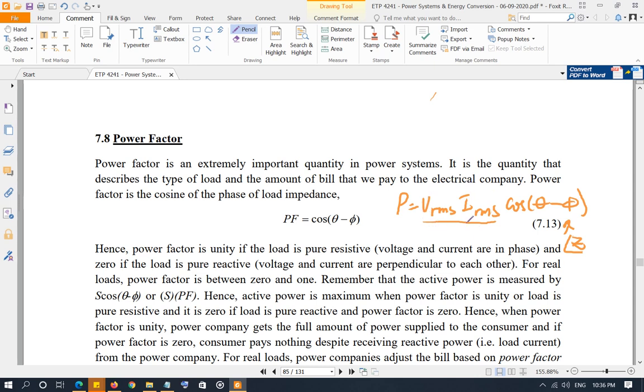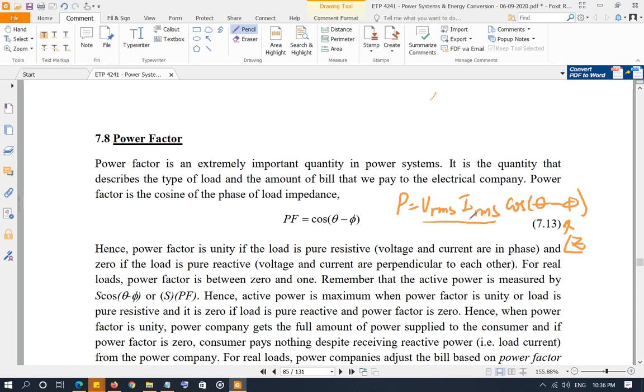Or in other words, you will be paying the bill for the true power that the power company is sending you, that is the current. Of course, voltage always remains constant. You have 110 volts RMS, that's the standard, right? It all depends on how much current you are pulling. So if you have a purely resistive load, whatever current you're pulling, you're going to be paying the bill for that.